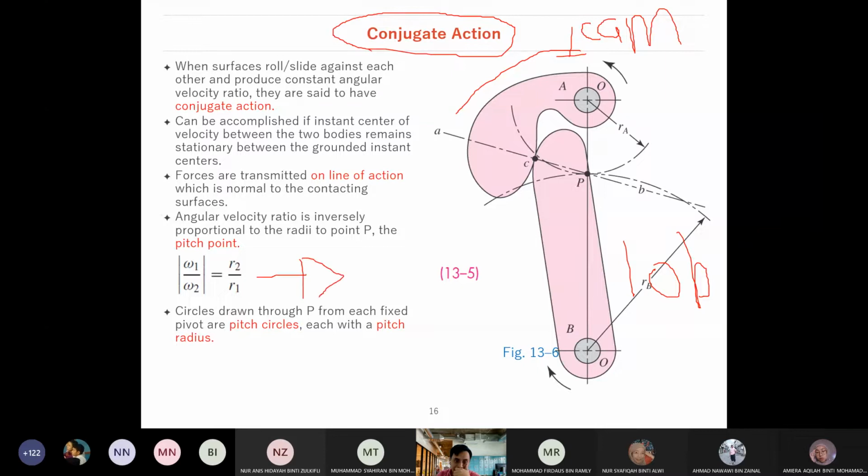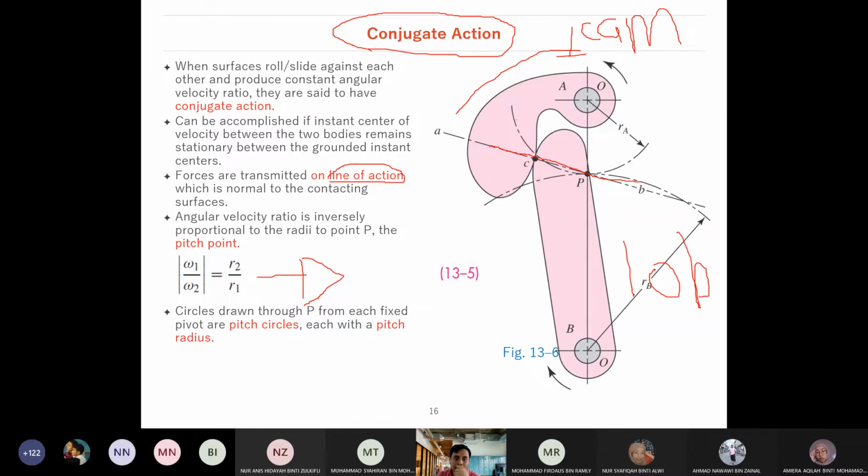This is a formula. So yang paling penting adalah bila the contact of the cam atau loop, dia akan hasilkan satu garis lurus. We call it the line of action whereby the teeth contact each other.